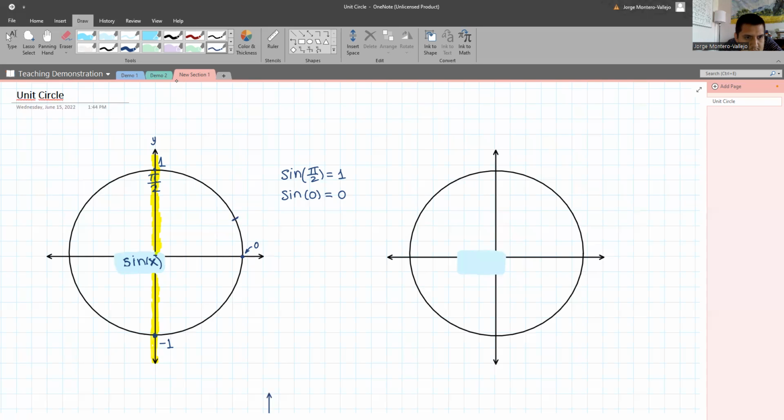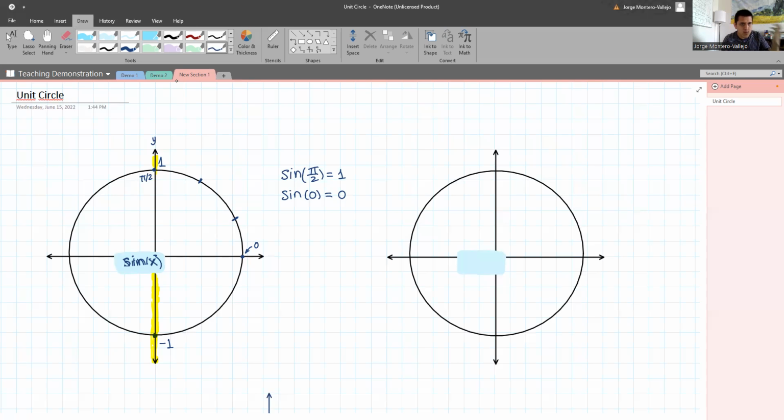I'm trying to guesstimate the angles. Another one will be maybe over here. Let me erase this pi over 2 and write it over here like this. Pi divided by 2 corresponds to this point over here.